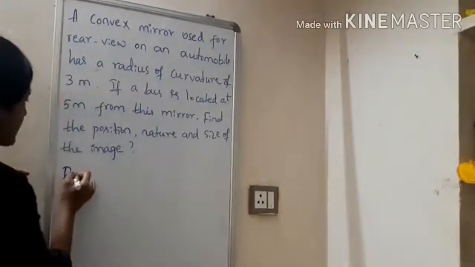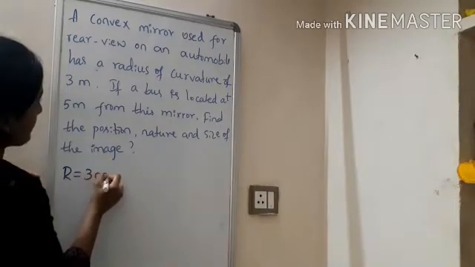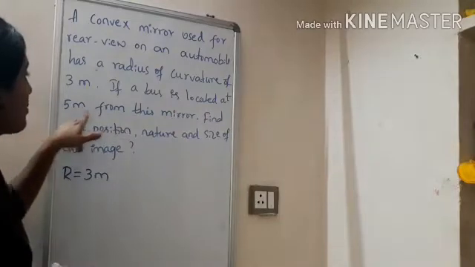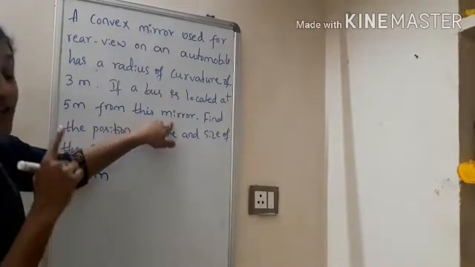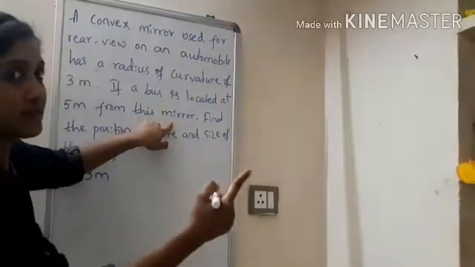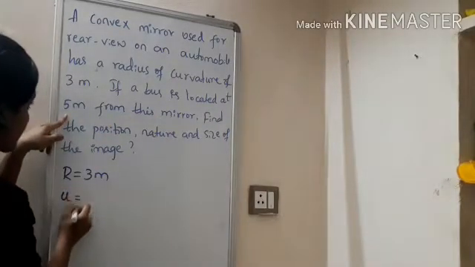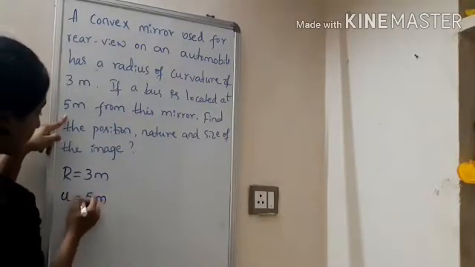If a bus is located at 5 meter from this mirror, that means in front of the mirror, 5 meter is the object distance.